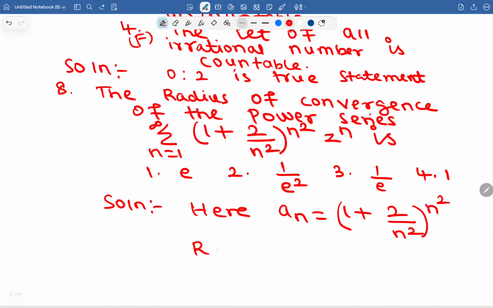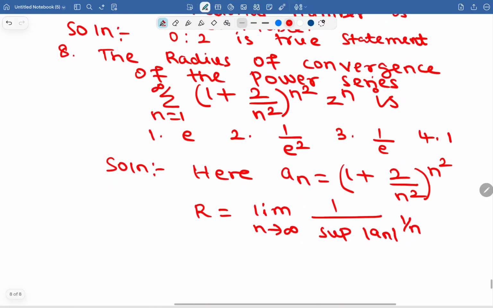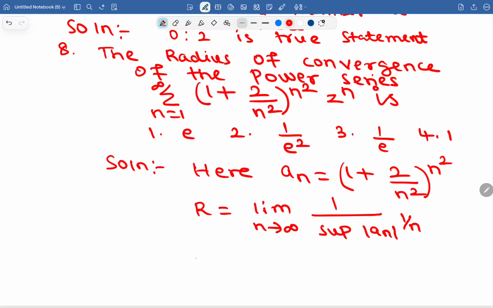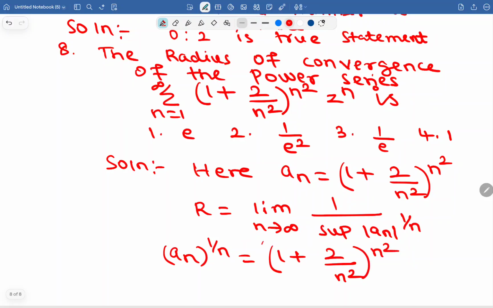For finding radius of convergence, we have one formula: limit n tends to infinity, supremum modulus of an power 1 by n. Now find an power 1 by n. (1 plus 2 by n square) power n square into 1 by n, which is nothing but (1 plus 2 by n square) power n.